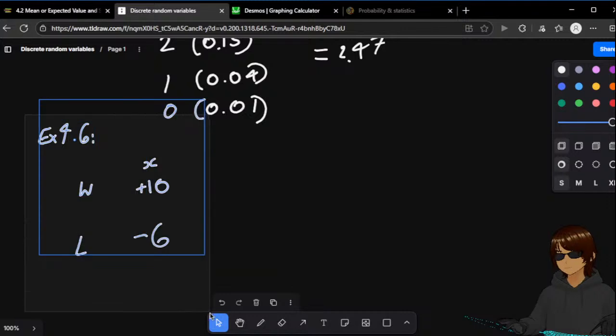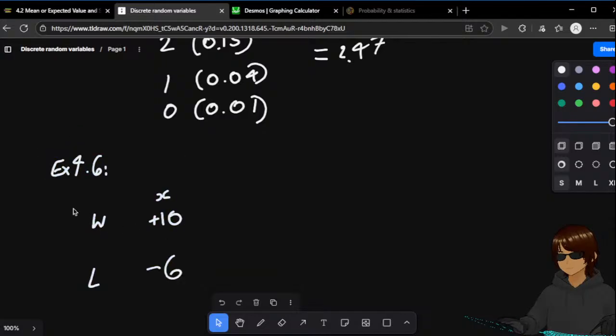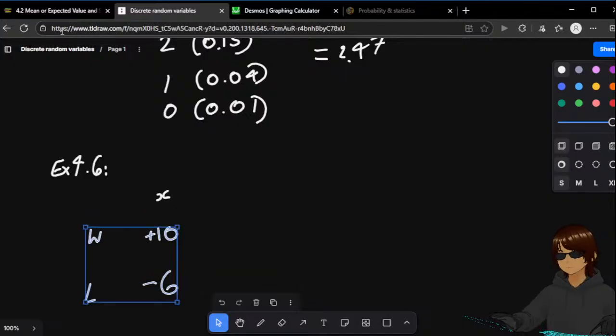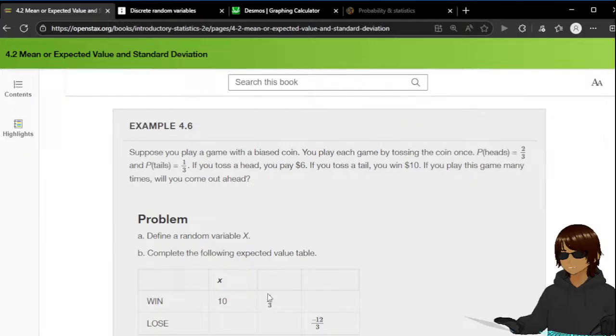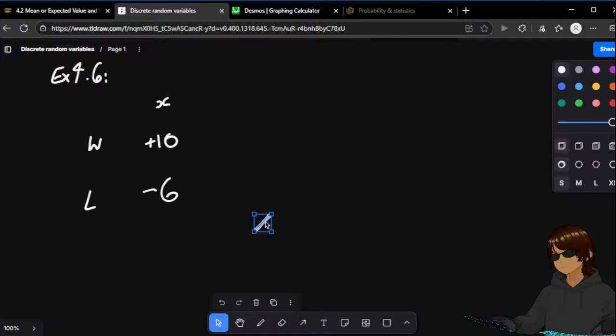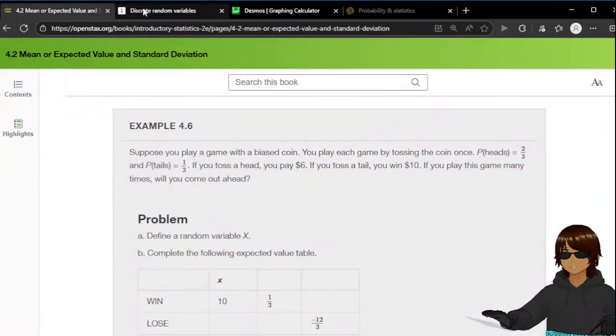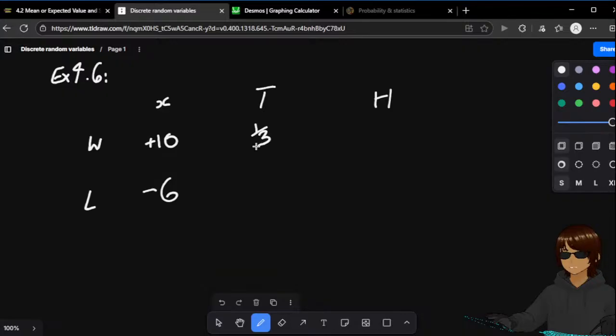Let me put this down a little bit. And then 1 over 3 for tails, 2 over 3 for heads.